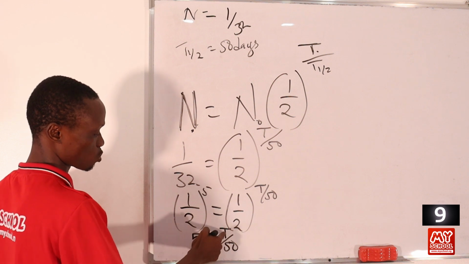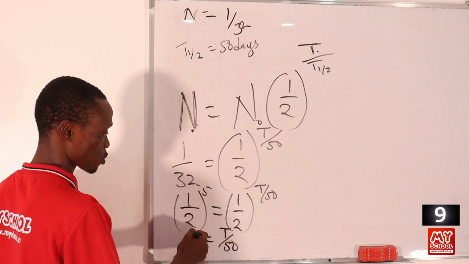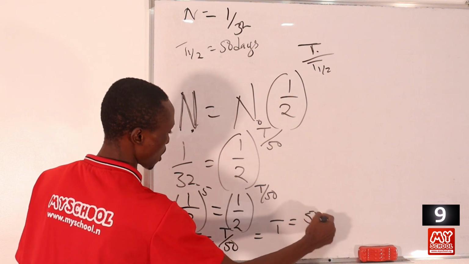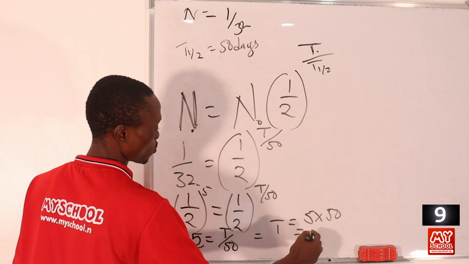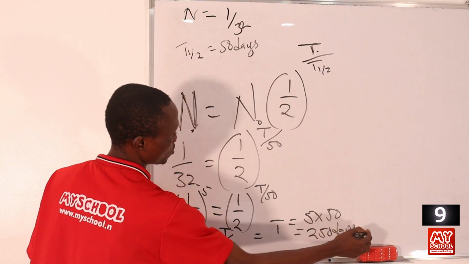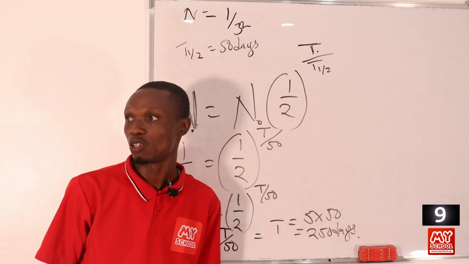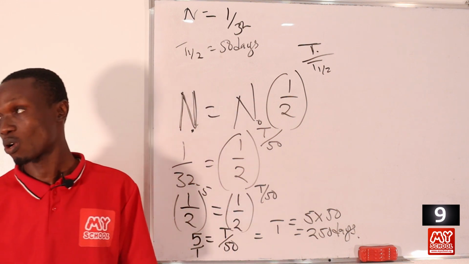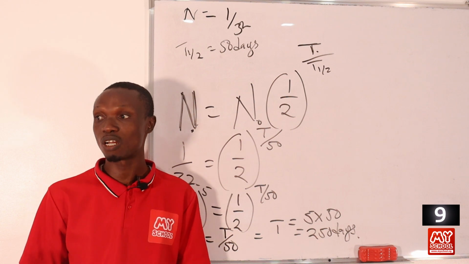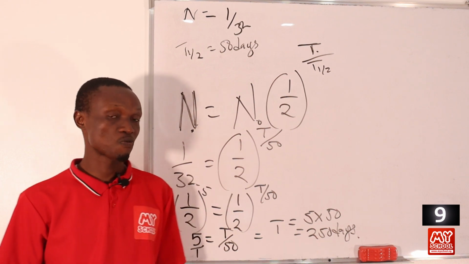So if we cross multiply, we'll have T equal to 5 times 50, and this will be equal to 250 days. So the time it will take the radioactive material to reduce to 1/32 of its original number is 250 days.